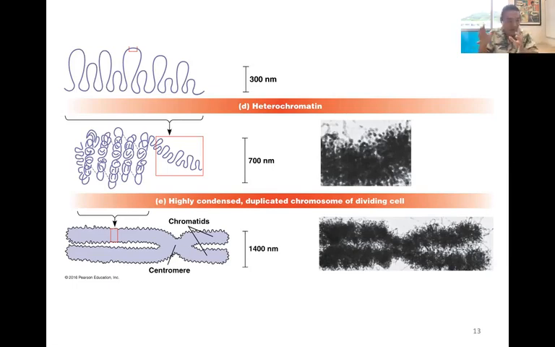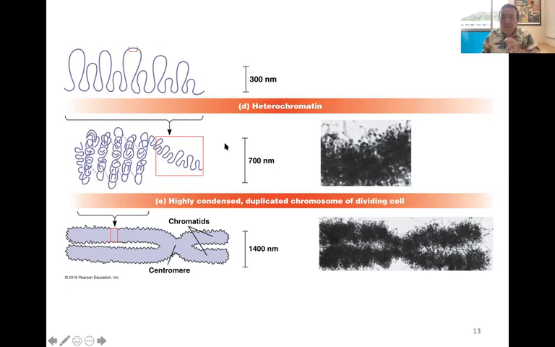So regions of our genome, of our chromosomes, that contain genes that are not being actively used or actively being read, you can expect that those regions would be packed up very tightly as heterochromatin, whereas other regions of maybe the same chromosome, where there are genes that need to be used at any given moment, would be more loosened up. They'd be more like the loops that you see at the top up here. Okay.